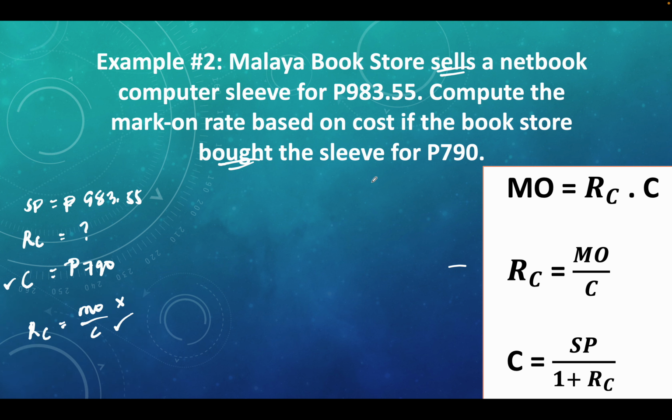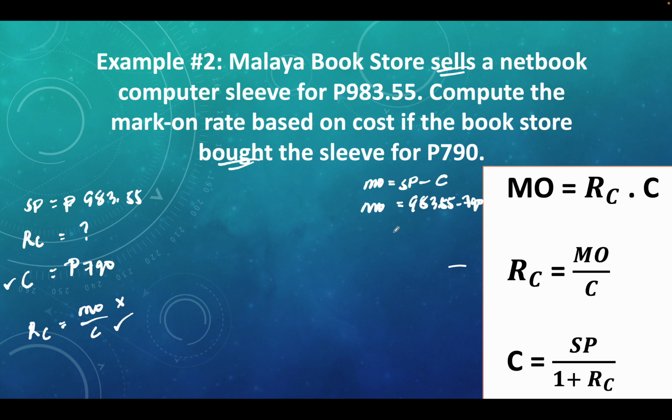Okay, so from our previous lesson, our mark on is equal to the selling price minus the cost. So mark on, copy down lang, our selling price 983.55 minus the cost, which is 790.